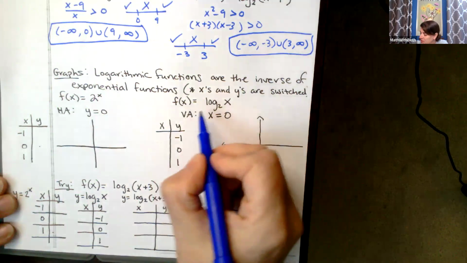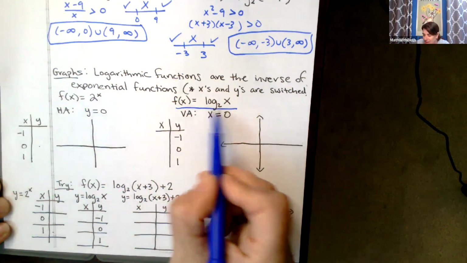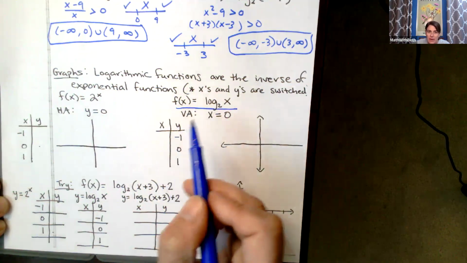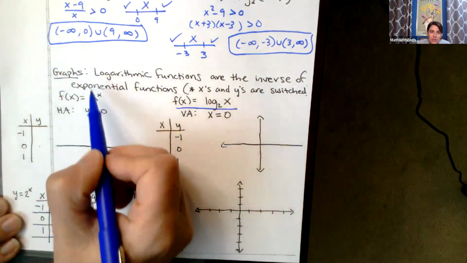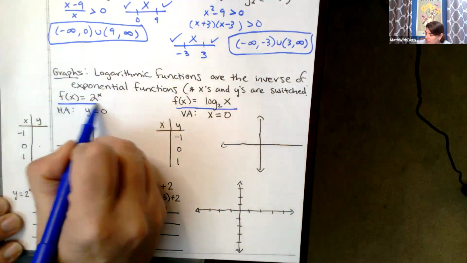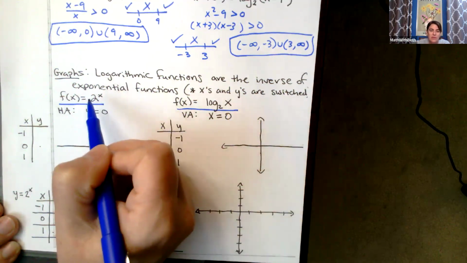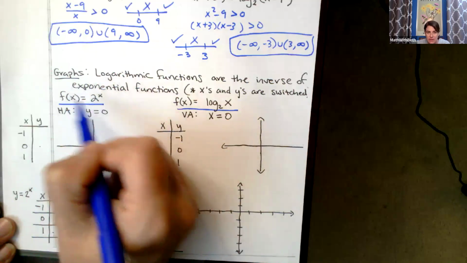So when I'm trying to graph something like this, log base 2 of x, it is hard to think that through. It's hard to do it on a graph or even plug things in because the logs are weird. So I first think of the exponential equation. So since it was log base 2, I would think of 2 to the x, because this one makes a lot more sense.